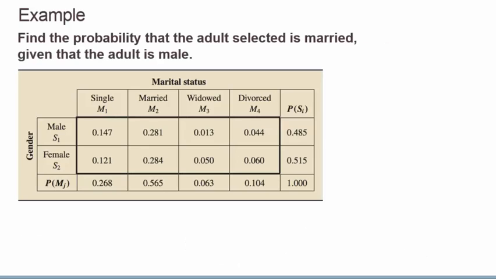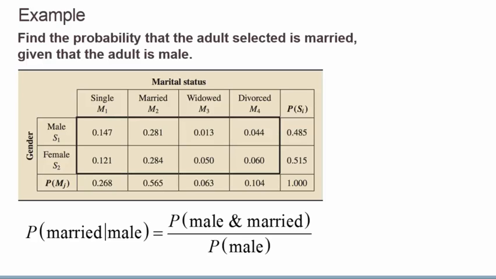Continuing with our example, find the probability that the adult selected is married given that the adult is male. We start with our notation, the probability married given male, which means we have the probability male and married divided by the probability of male.